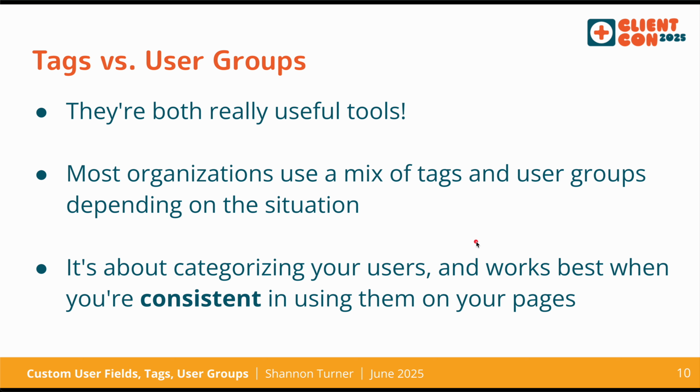Newer clients tend to have more user groups. Either one is just fine. I think they're both useful in different situations. But if you end up wanting to add a user to a group or remove them from a group, you're going to find it a lot easier to use user groups for that than you will for tags.